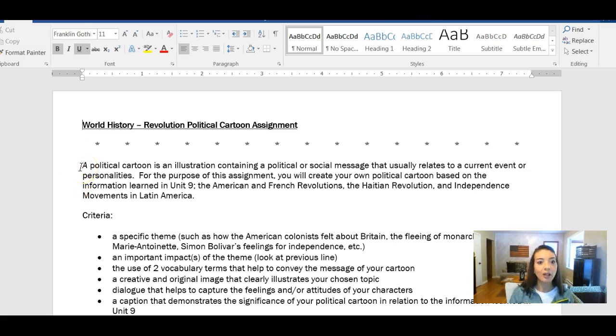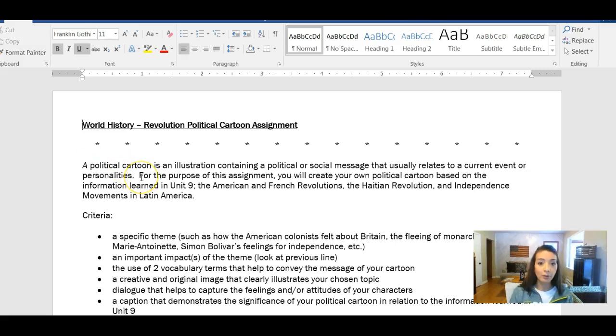It reads that a political cartoon is an illustration containing a political or social message that usually relates to a current event or personalities. In the context of what we are doing, the event may not be current because we didn't live in these time periods, but the event is going to be focused on one of the revolutions that we have studied.